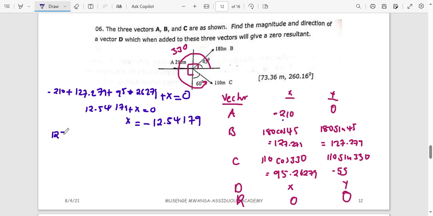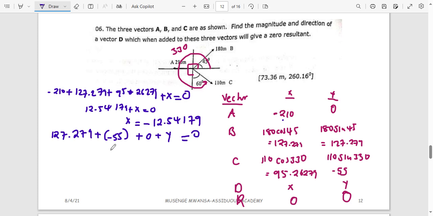Go to the y components again. You have got 127.279 plus a negative 55. You could have just said minus 55, plus, okay, I have also forgotten a 0 on top there, and then plus y. They should add up to 0. So this is just 127.279 minus 55.